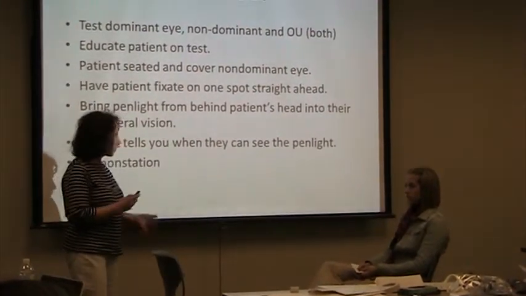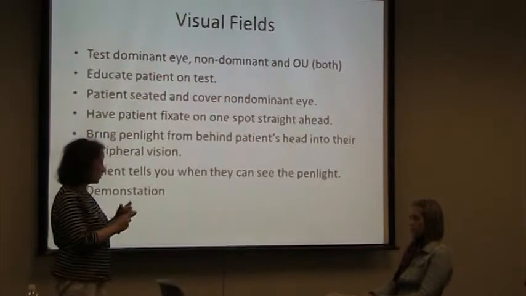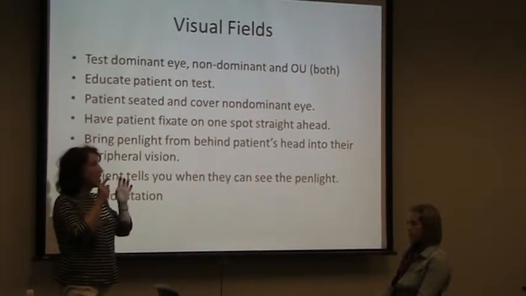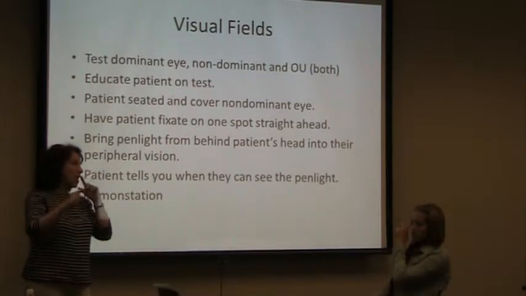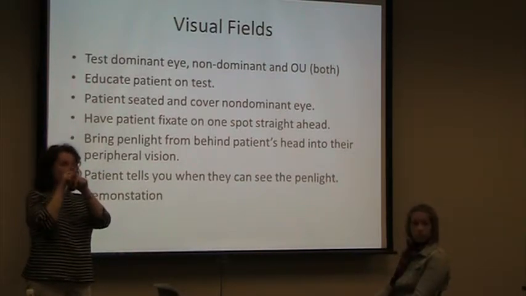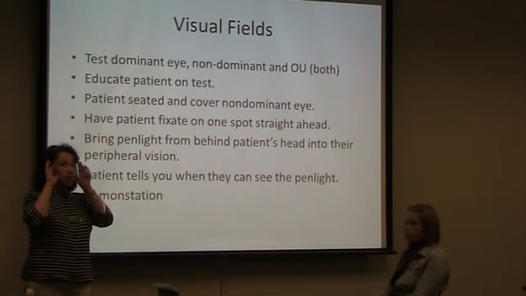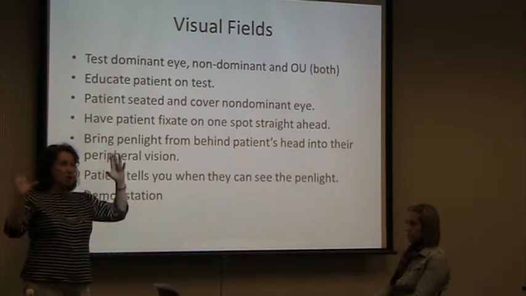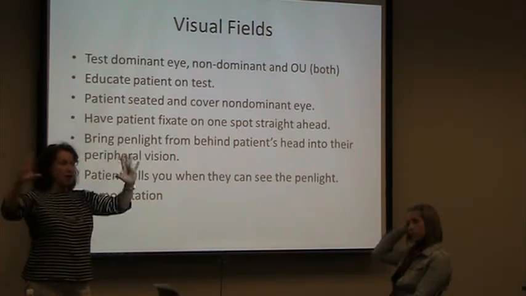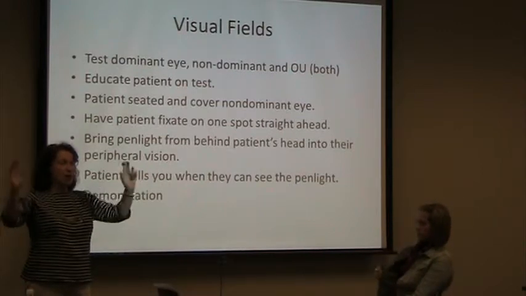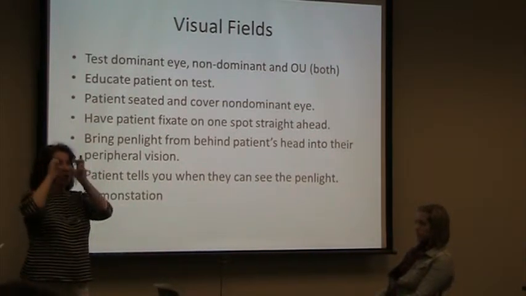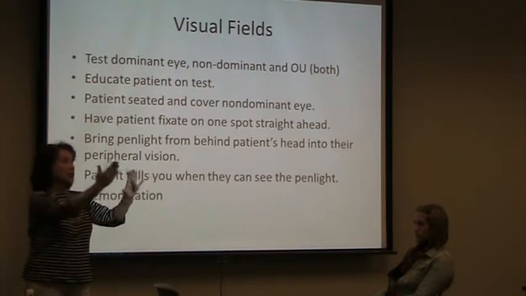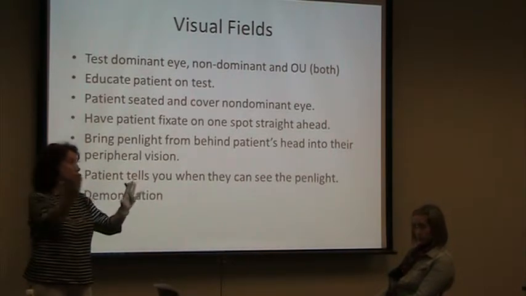And so what we're going to do is test your visual fields. I tell people that if I look at that clock and I close this eye, and I stare at that clock, I can see my hand out here and up here and clear out to there. This is like a visual cone. Each eyeball has a cone, and that cone is called our visual field.